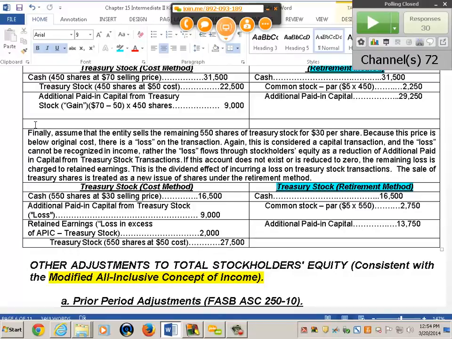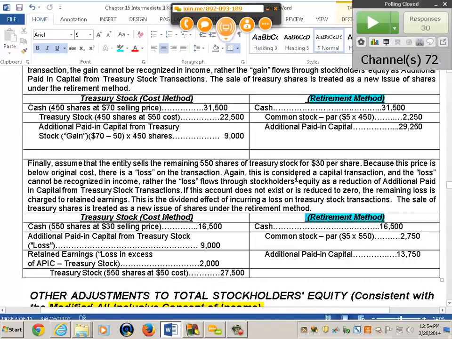Now, these last two entries, and this should actually not be treasury stock, it should be the retirement method here. The last two entries here are, in fact, accounting 101, right? Just issuing common stock, or what we did last week when we first started this series of modules on stockholders' equity.